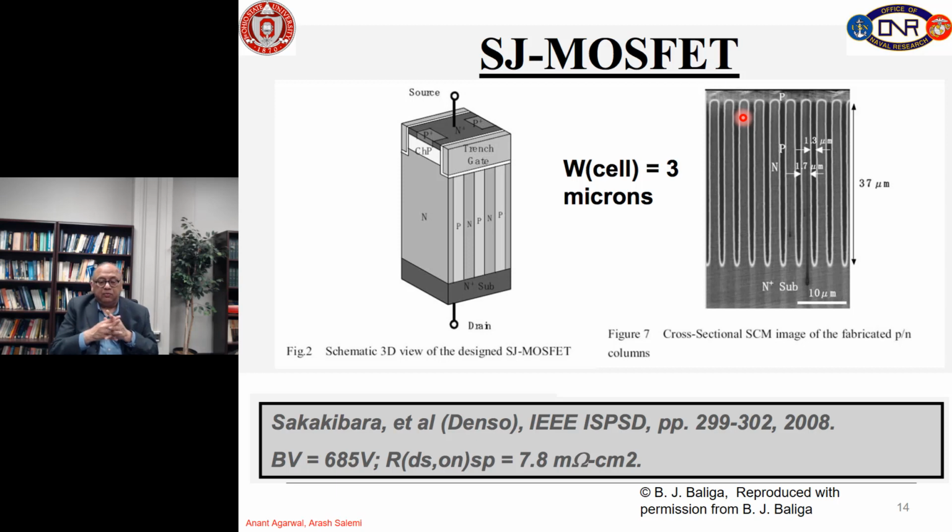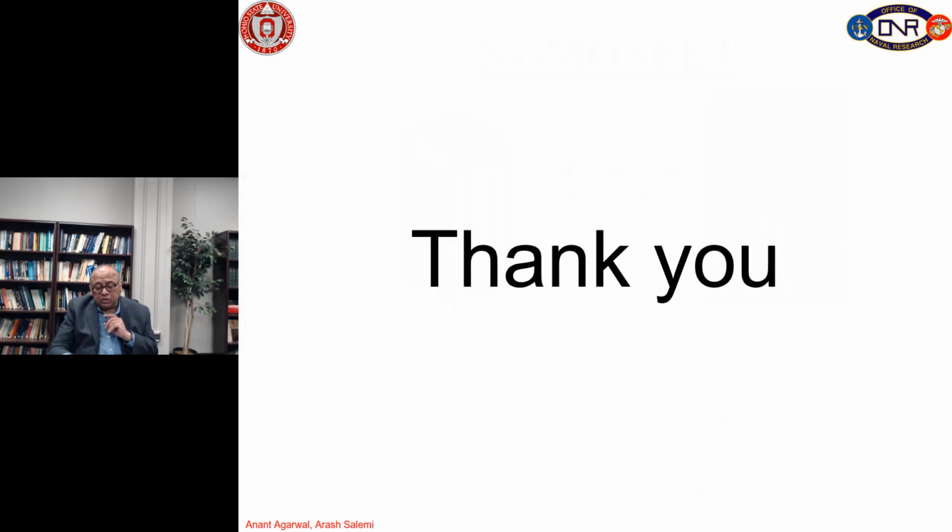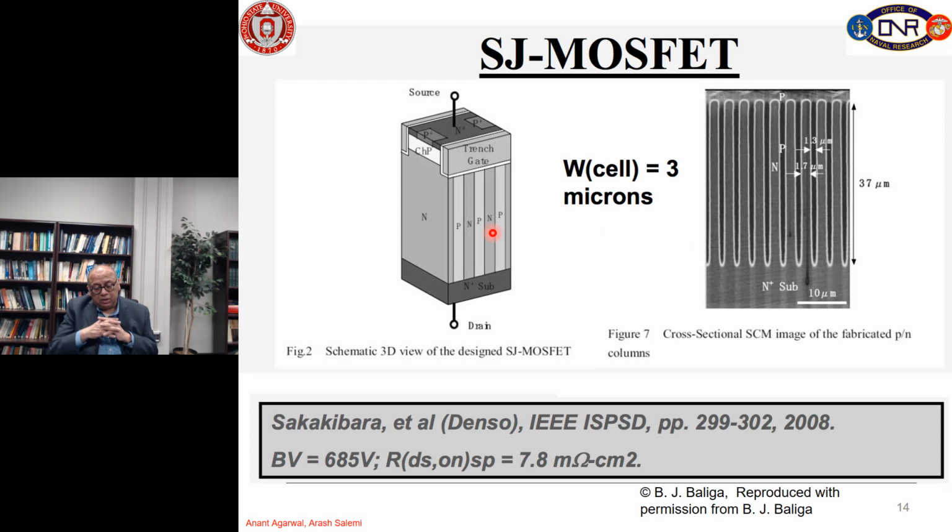So this is another way of making these devices, which is much cheaper, because you can etch a big trench and then fill it with P-type semiconductor, and again the structure would be alternate P and N-type pillars. So this structure is very popular in silicon.